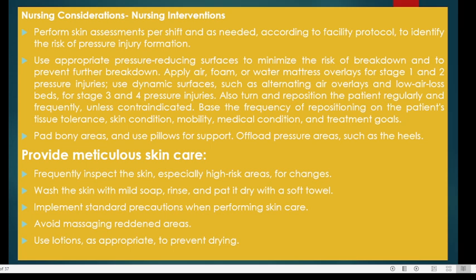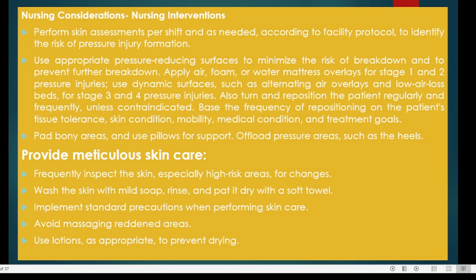Use dynamic surfaces such as alternating air overlays and low air loss beds for stage 3 and 4 pressure injuries. Also turn and reposition the patient regularly and frequently unless contraindicated. Base the frequency of repositioning on the patient's tissue tolerance, skin condition, morbidity, medical condition, and treatment goals. Okay, you need to pad bony areas, use pillows for support, and offload pressure, such as from the heels.